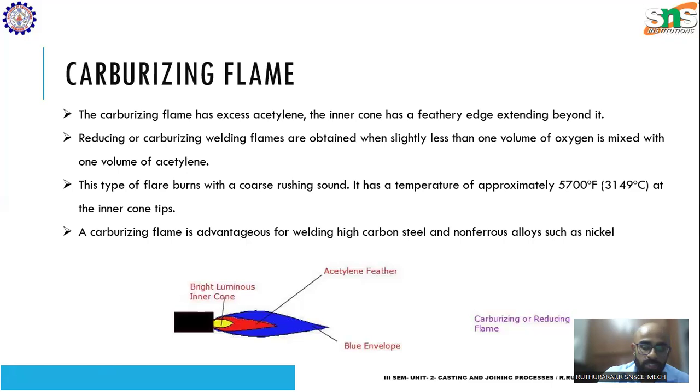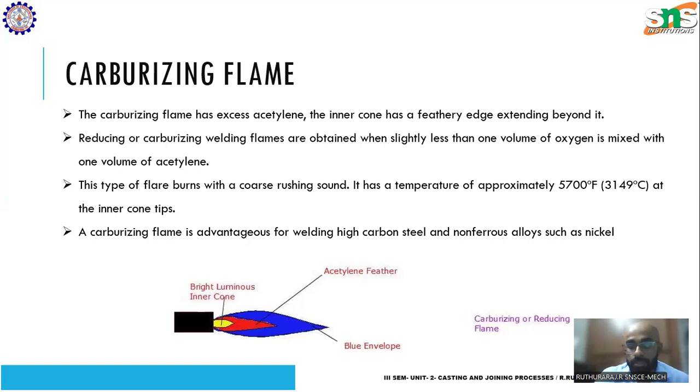If you weld mild steel or low carbon steel, excess carbon will be deposited on the surface, which hardens the surface. Whenever carbon is added, the surface gets harder. Mild steel is a highly ductile material. So if the surface becomes hard, ductility is compromised.